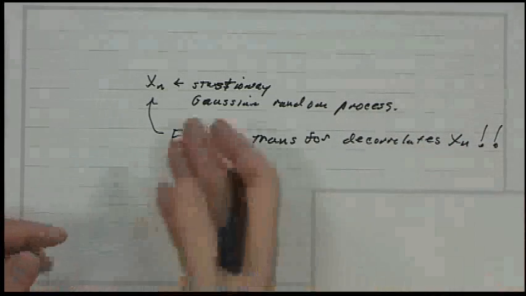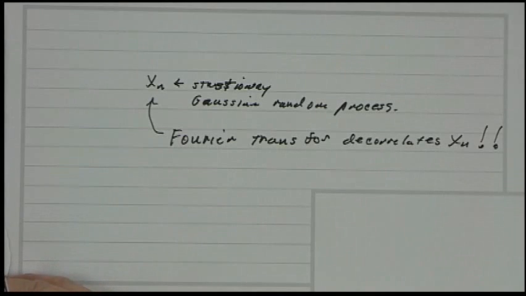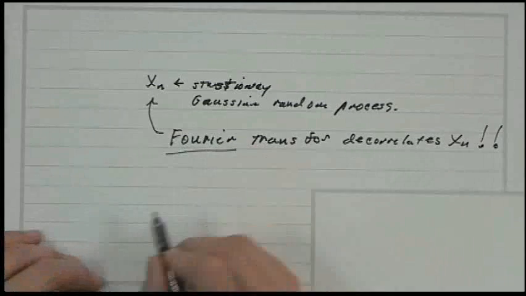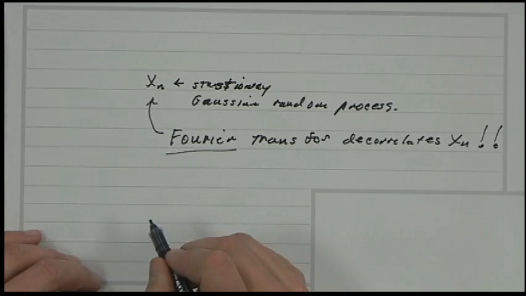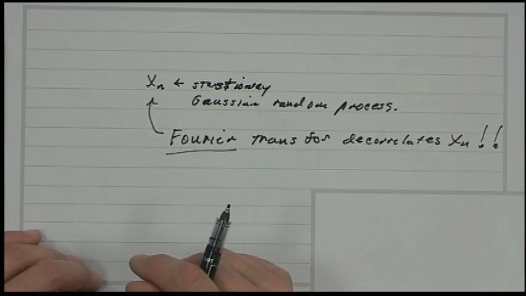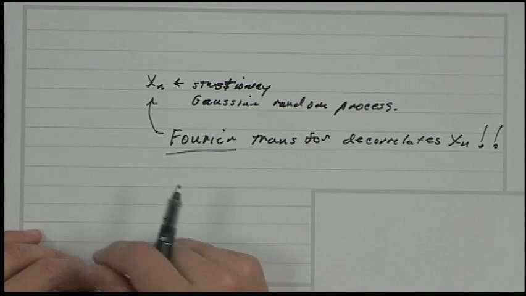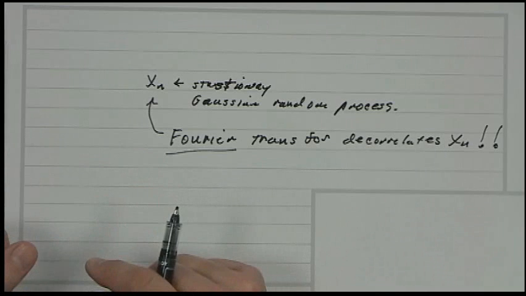That's true for any x of n that's a stationary random process. The reason the Fourier transform decorrelates x of n is the same reason that the Fourier transform turns convolution into multiplication. It's a little too complicated to go into.